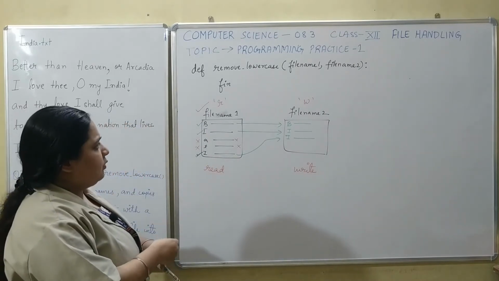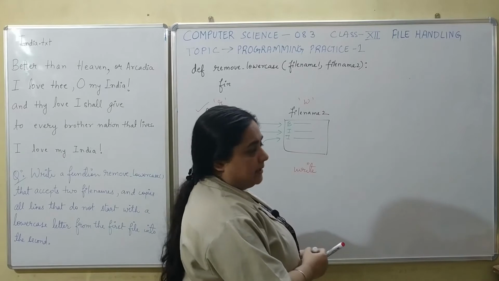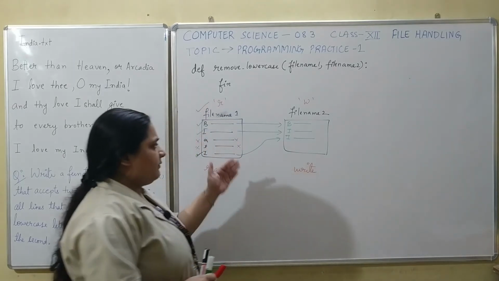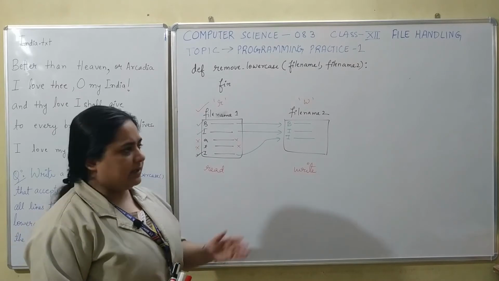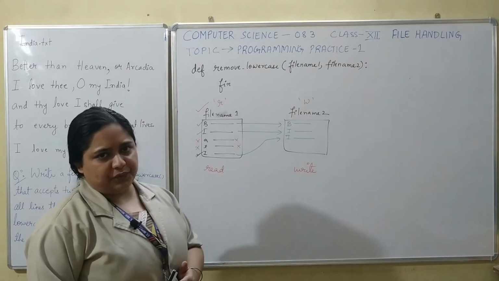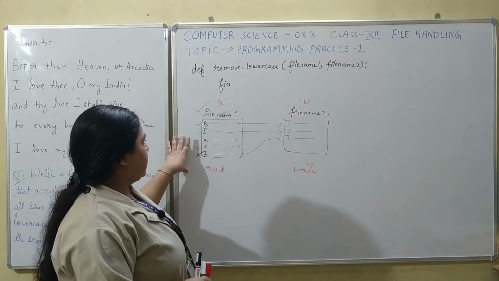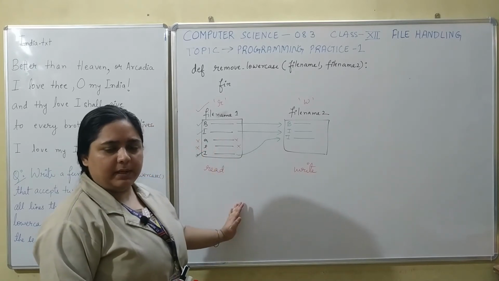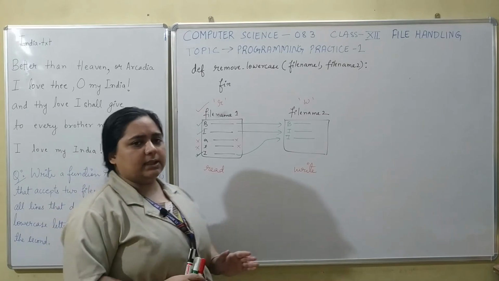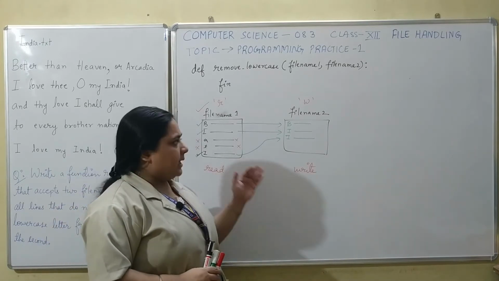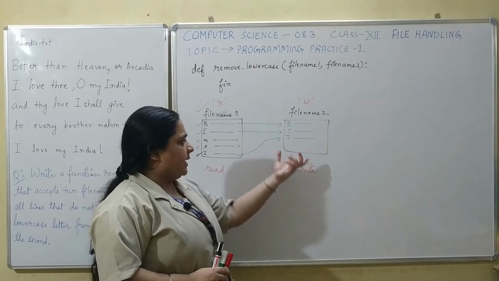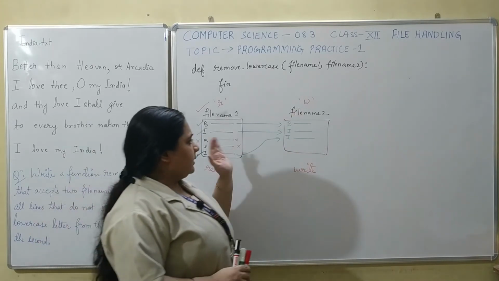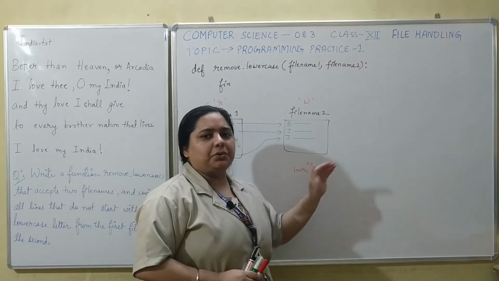Now why W over here? Why not append? The reason is that every time this program executes, it is going to create a new file, and that file would contain the contents of whichever file is provided as file name 1. We don't know what the contents of file name 2 are, and if we open it using A, that is append, the new contents would be added on to that file.